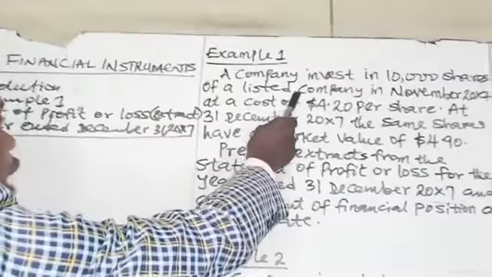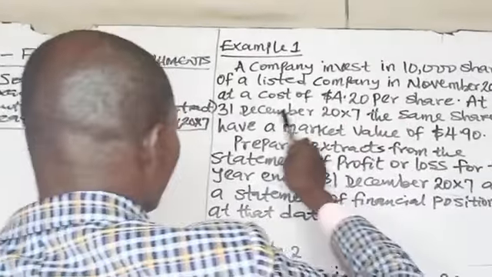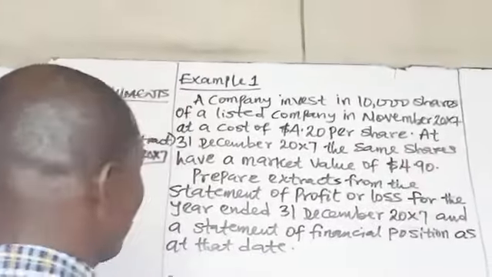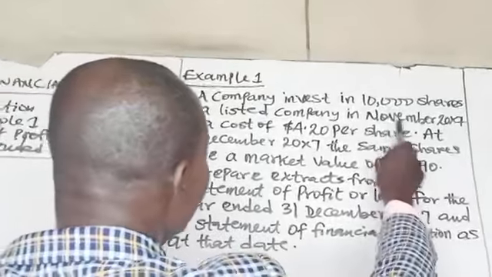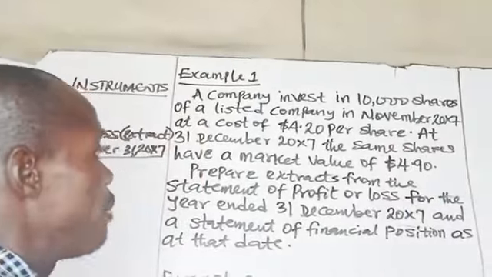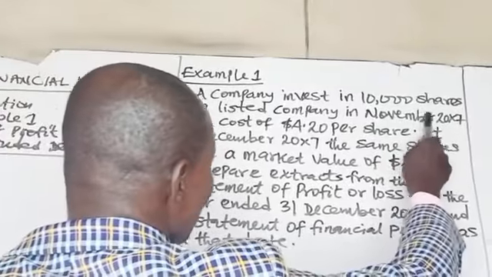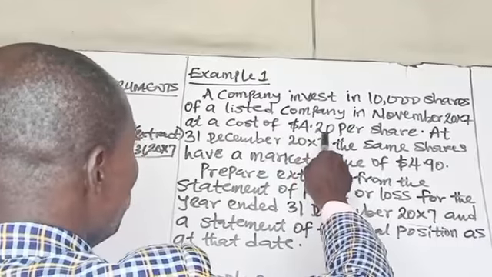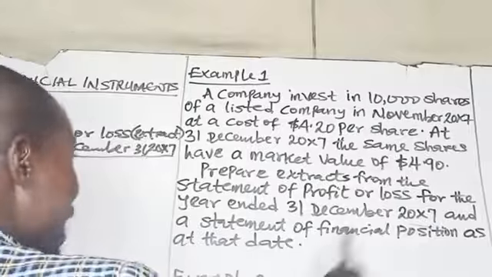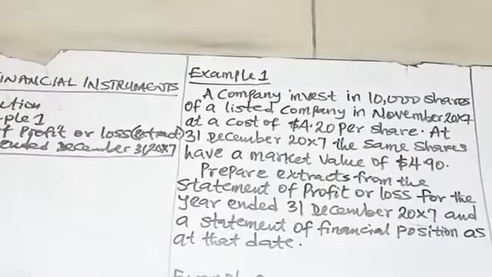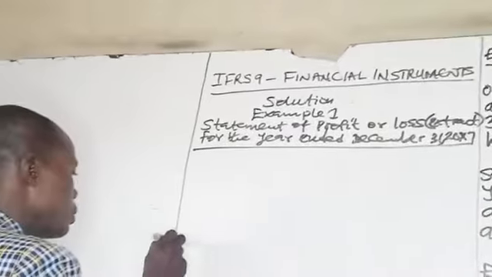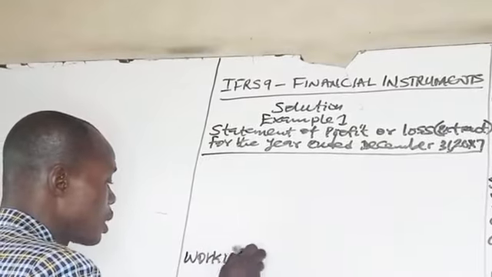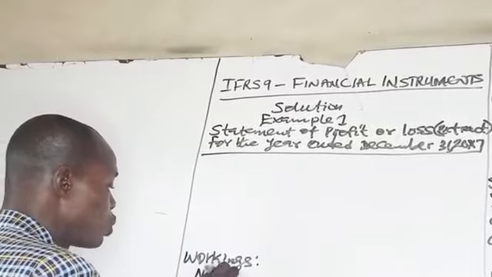A company invests in 10,000 shares of a listed company in November 20X7. That is the date in which the investment was made. So we had the initial measurement at a cost of $4.20 per share. So as at November 20X7, let me have workings. Workings, November 20X7.